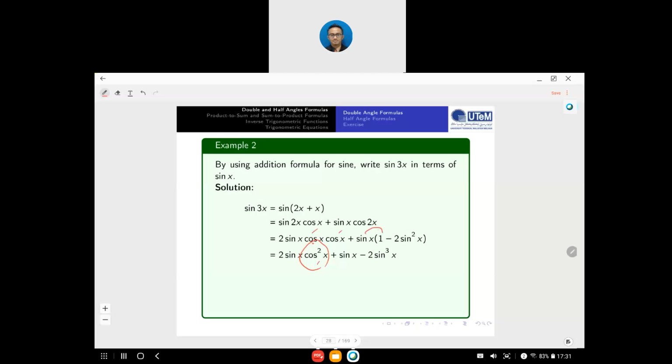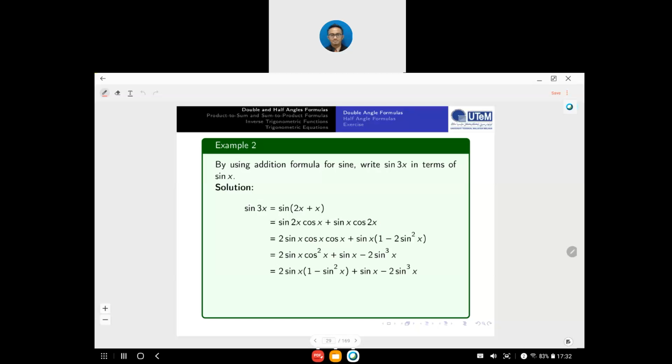And then this one you can expand. Okay, so you can get sin x minus 2 sin cube x. Okay. If you can see that all the items involve sin x, so we can factorize the sin x outside. Okay, factorize, you can get this one.